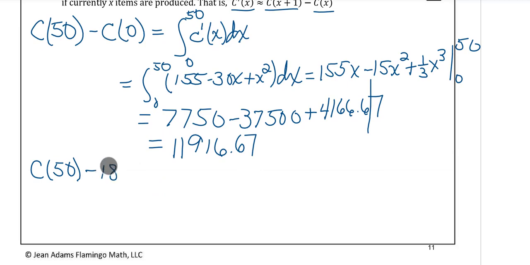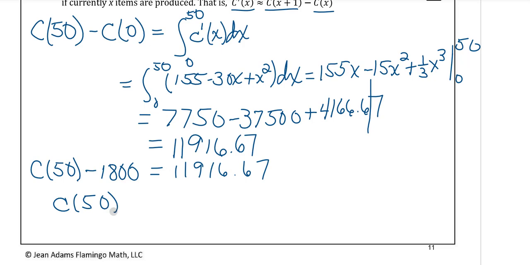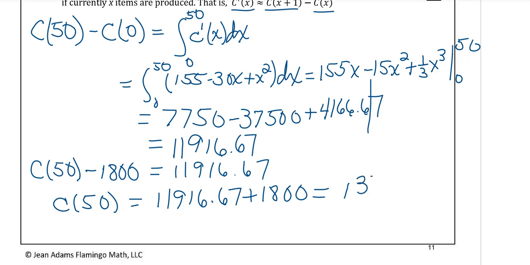So we're going to have 11,916.67 equals C of 50 minus 1,800. So we're going to add that to both sides to get our cost for 50 widgets. So 11,916.67 plus 1,800 is going to equal 13,716.67.